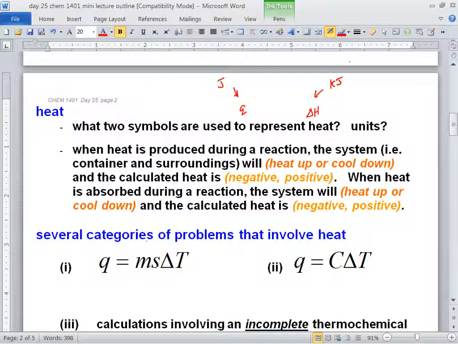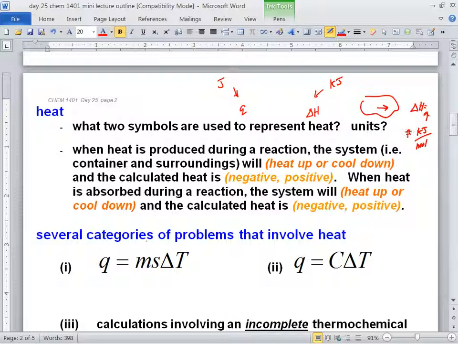And then if it's a thermochemical equation, if you've got some reaction, reactants go into products, and you have a delta H for it, it's not just kilojoules, it's kilojoules per mole.